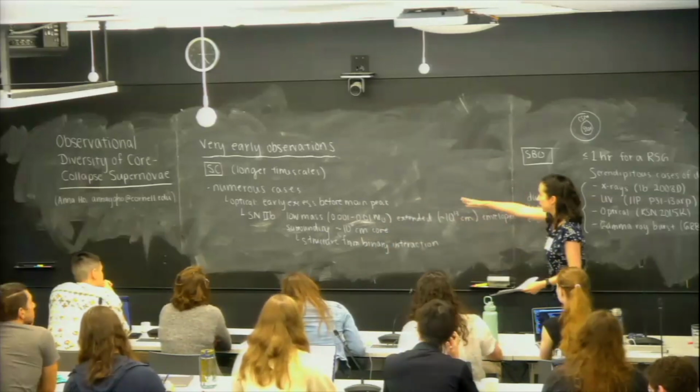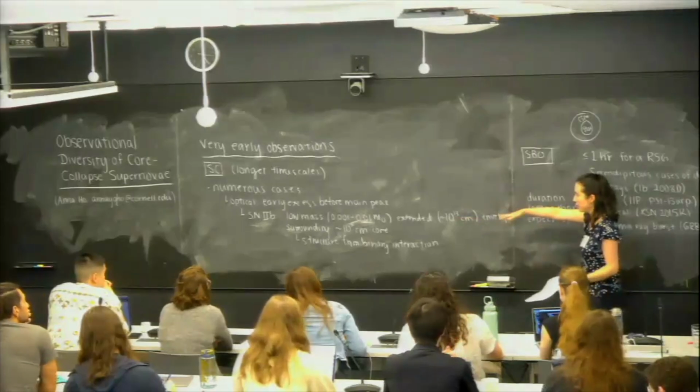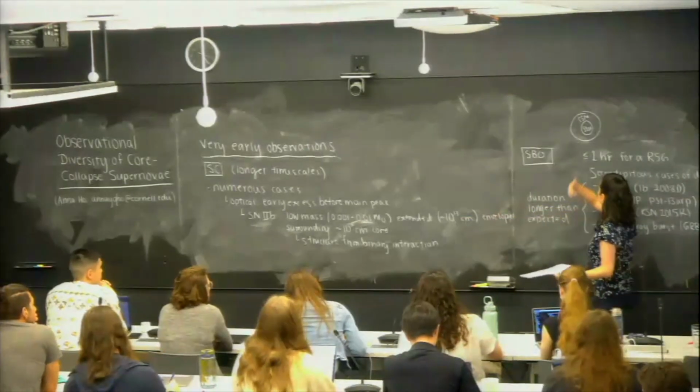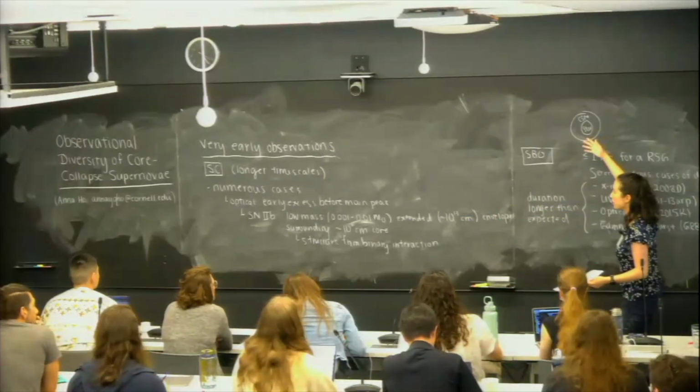So it's most common to see this in type 2b supernovae. It's very routine. And so that's led to some inferences about what the structure of these events look like.